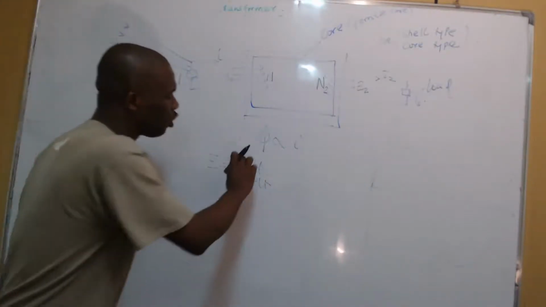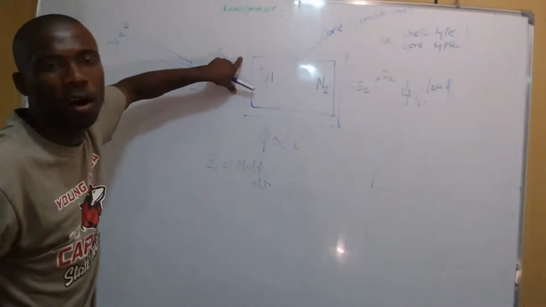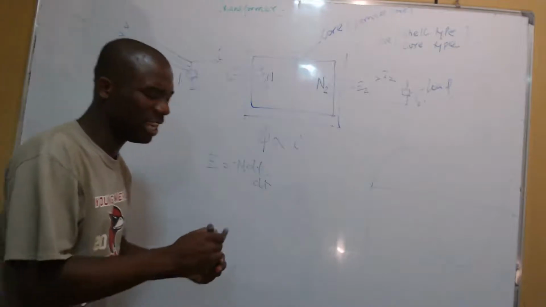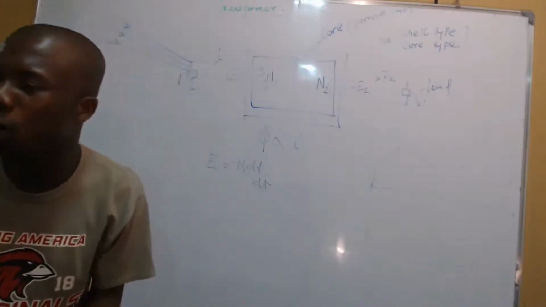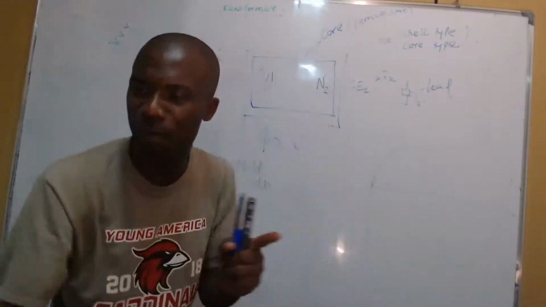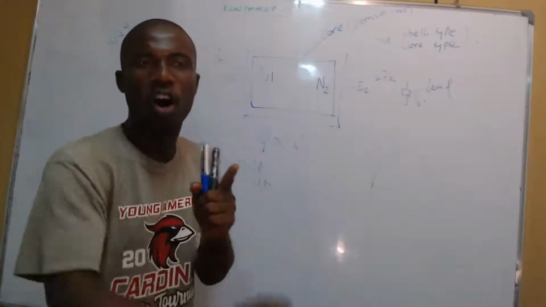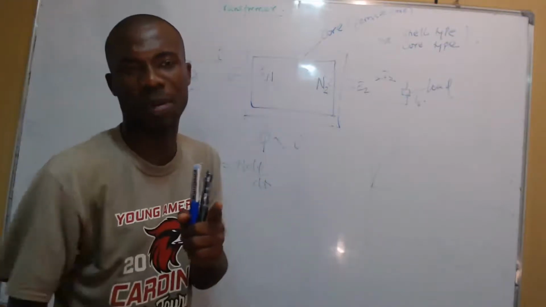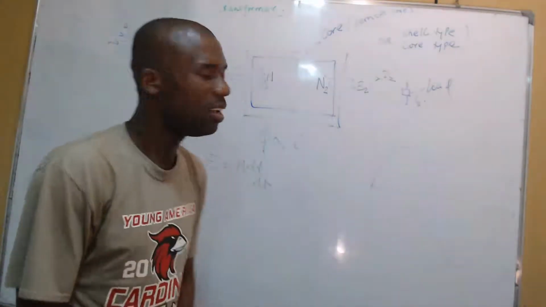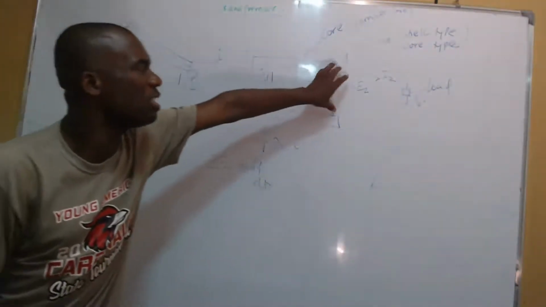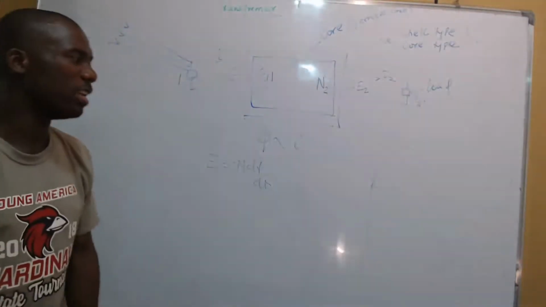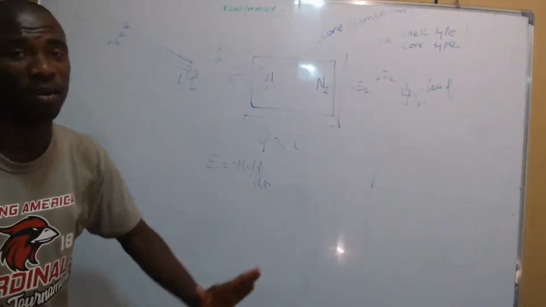Now, N represents the number of turns of the transformer, while d phi over dt represents the change in flux. Change in flux, as we all know, produces change in current. Change in flux is a result of the movement or motion of the rotor of the synchronous machine. This change in flux induces a voltage here that causes current to flow across the load in the transformer. This is the induced EMF.